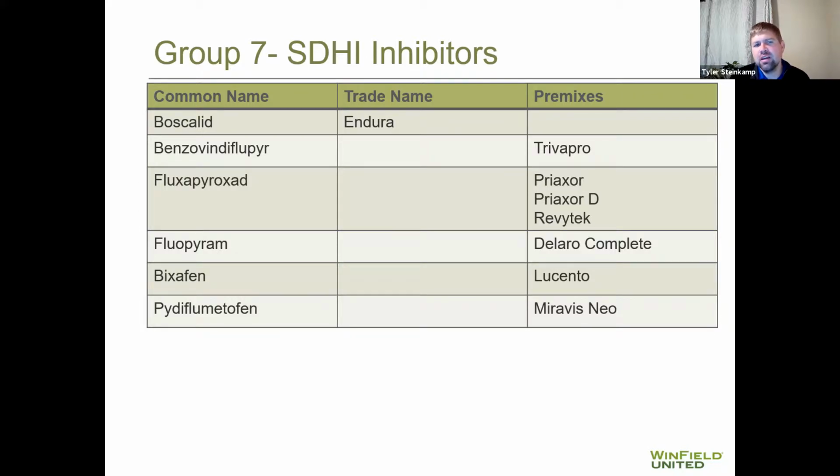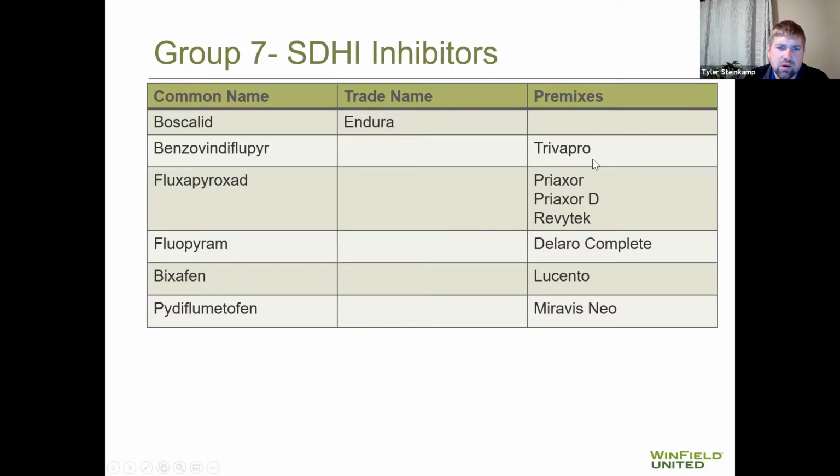And I would say a lot of our white mold control overall, guys, is going to be coming from this SDHI inhibitor. Okay, you get a little bit on the strobilurin side. You look at like Approach, for example, but for the most part, the SDHI inhibitor is going to be the one that's giving us the best control. Okay, but there's quite a few that also fit in this category.